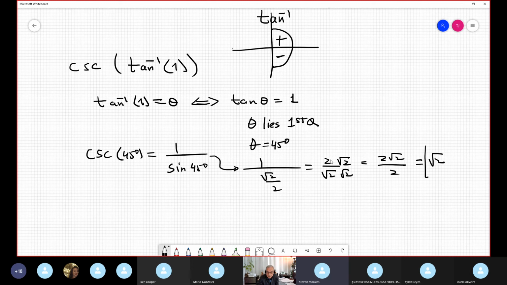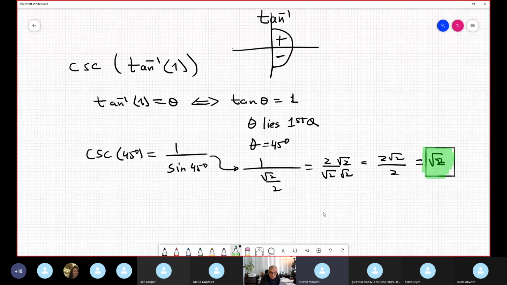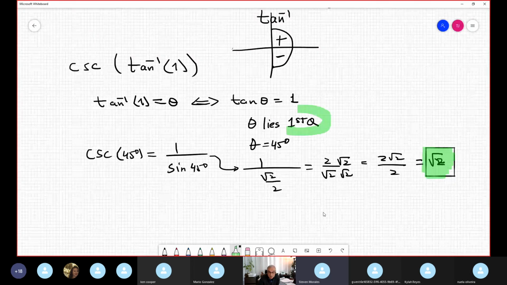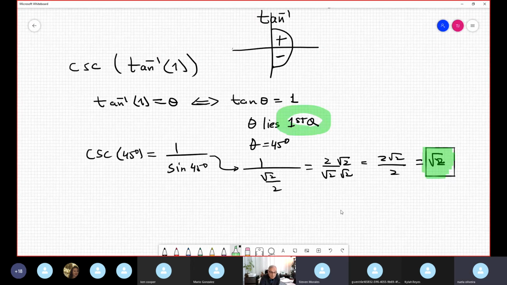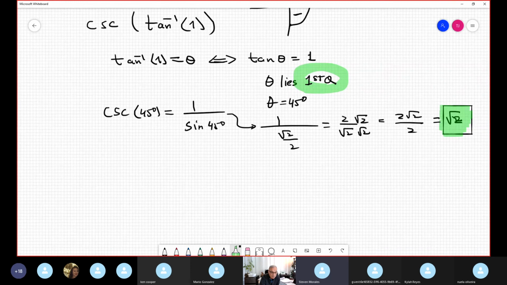Wow, radical 2. And the sign is positive or negative? Positive. What is the reason it's positive? Because my angle lies in the first quadrant. Yes, all of them are positive.